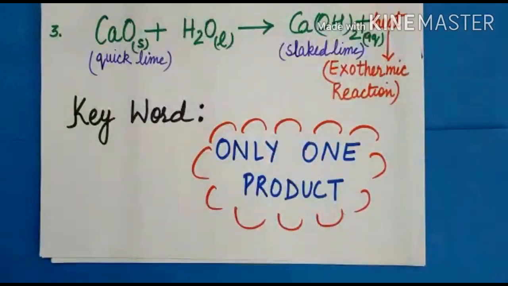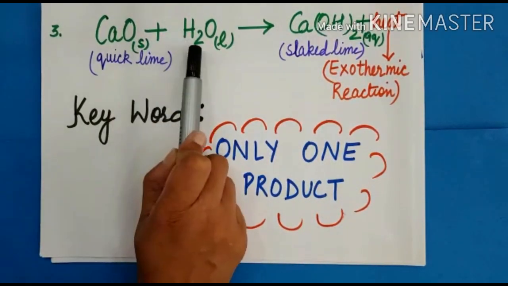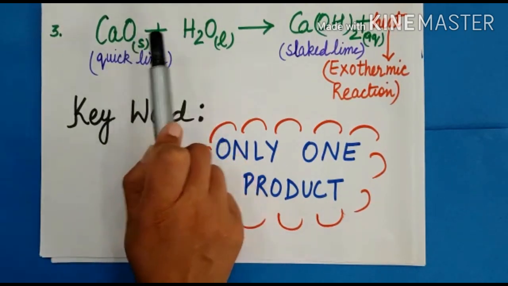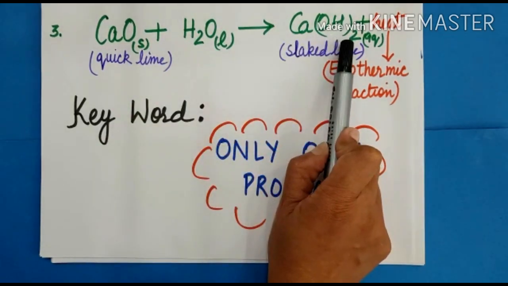Let's take another example. This is the example where we have taken 2 compounds, calcium oxide and water, and these 2 compounds combine together to form calcium hydroxide.